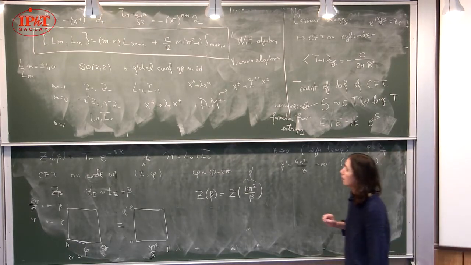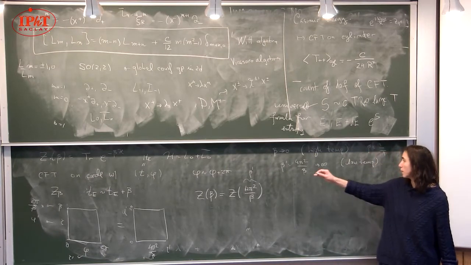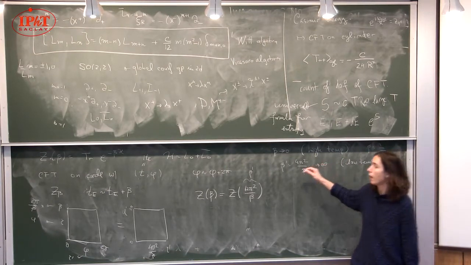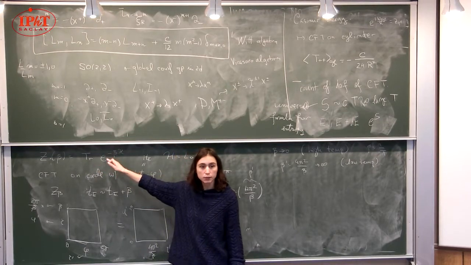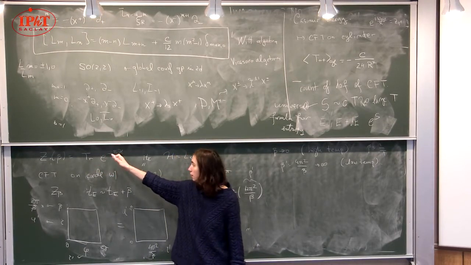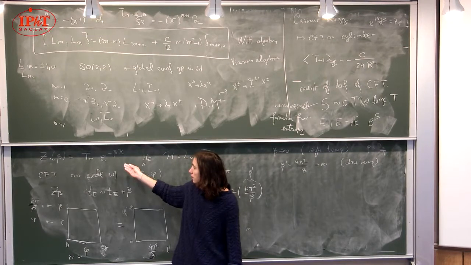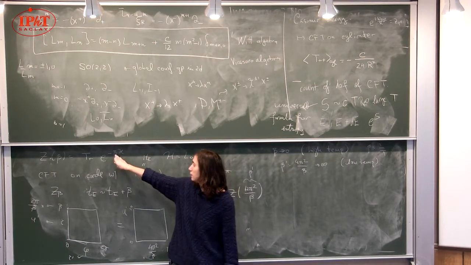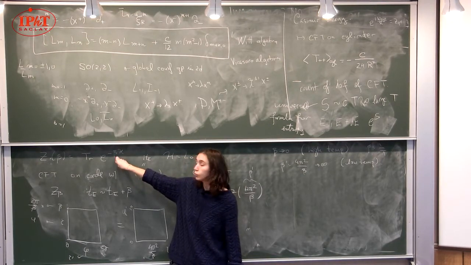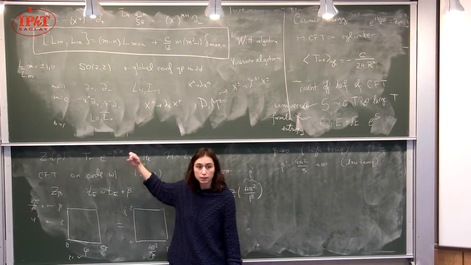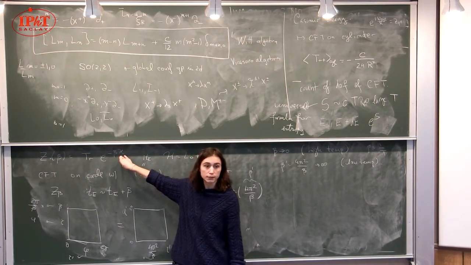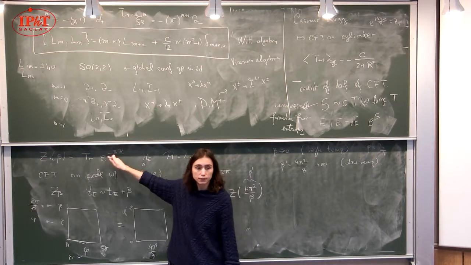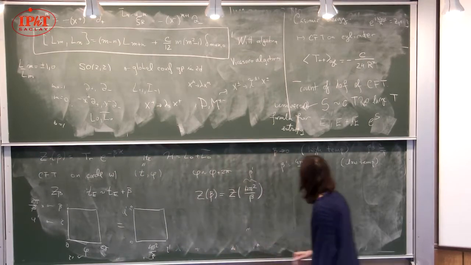Okay? Now, given that beta prime is going to infinity, I go back to the trace interpretation of the partition function and try to see whether I can evaluate it in this limit. And that's easy because as this beta, which is really beta prime, is going to infinity, the state that is going to contribute the most is the lowest energy state, because everything else is exponentially suppressed.